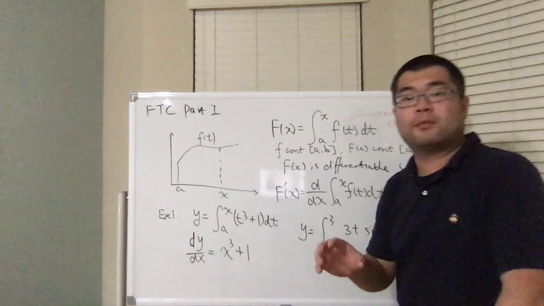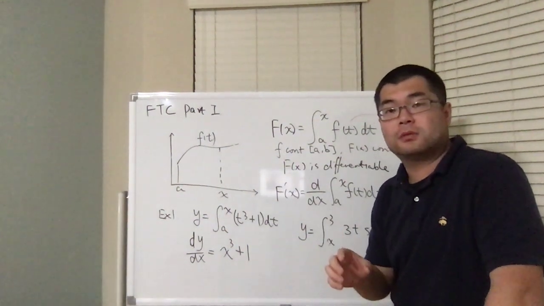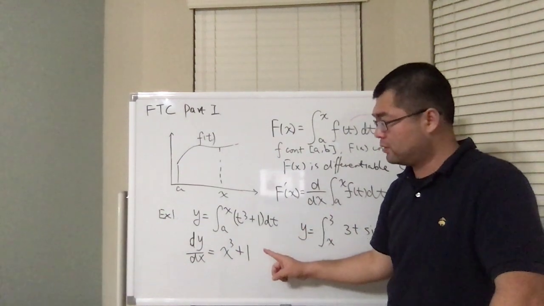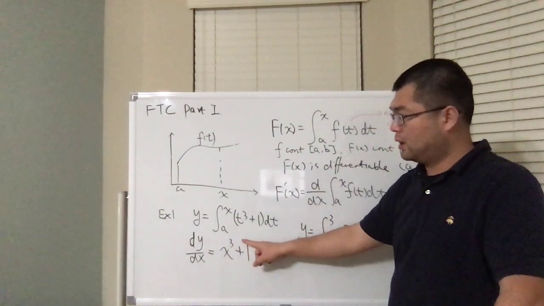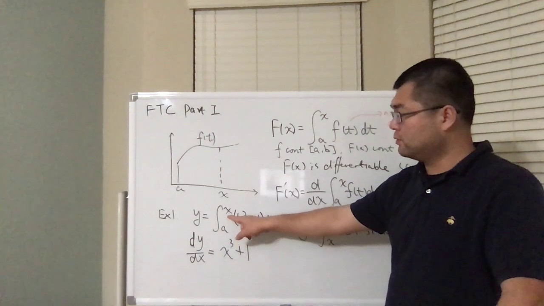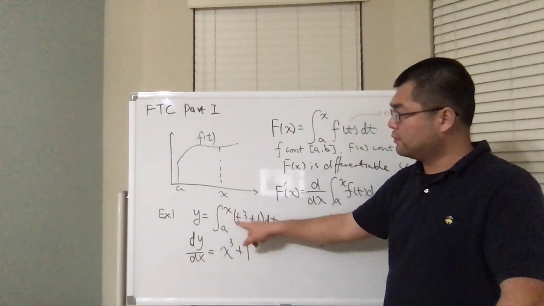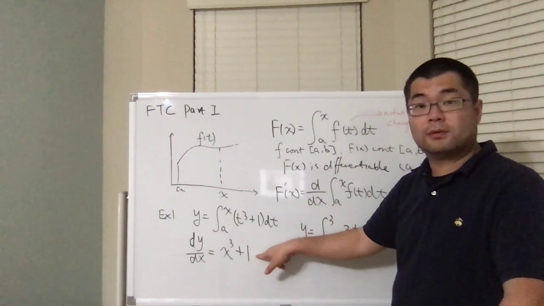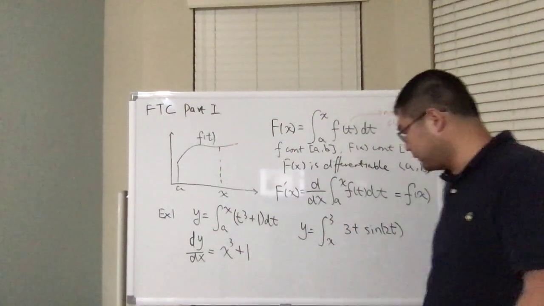Based on the fundamental theorem of calculus, we can immediately write our answer. dy dx is, basically, you substitute t with x, so it's x cubed plus 1. So we're done for the first one.